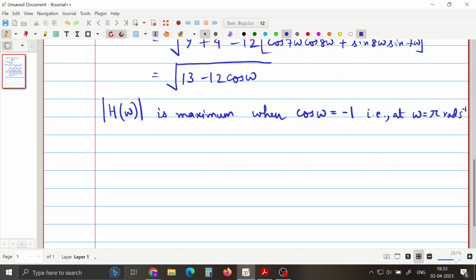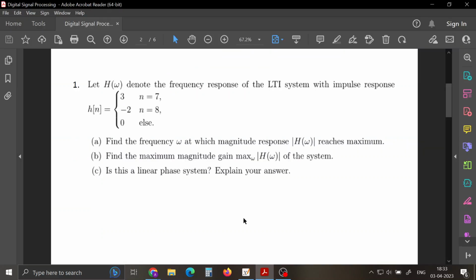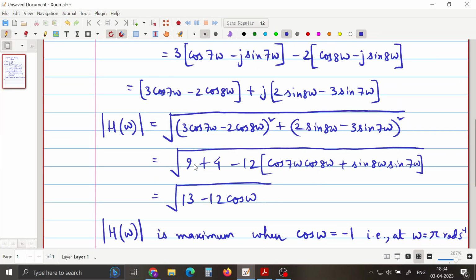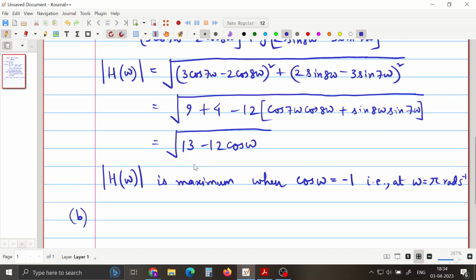And now let's move to part B. So in part B, if you see, you need to find that maximum value of the magnitude. See, maximum magnitude gain, that's it. So you just evaluate this magnitude response at omega equals pi, basically.